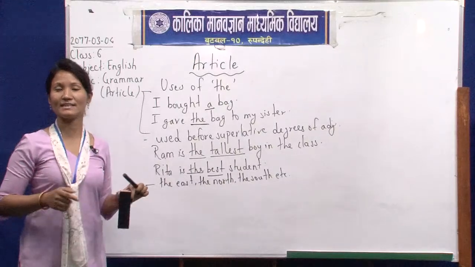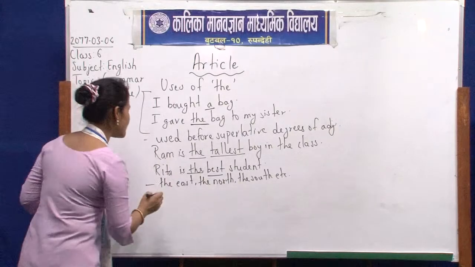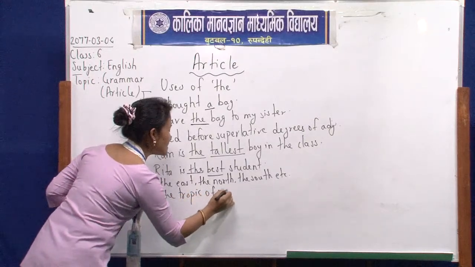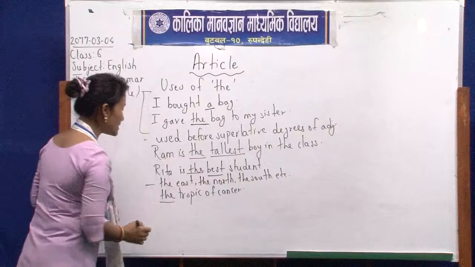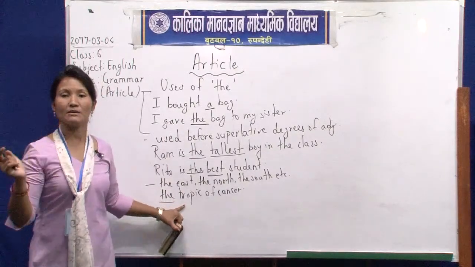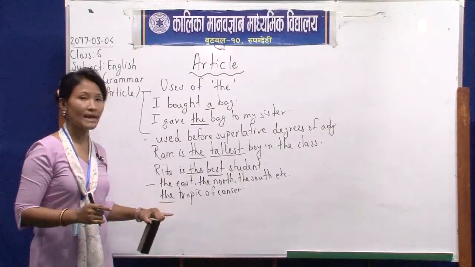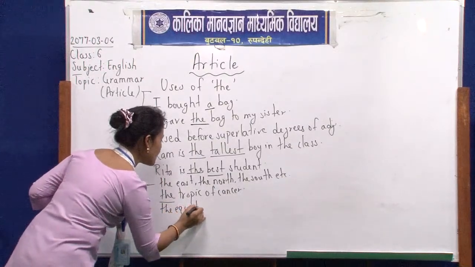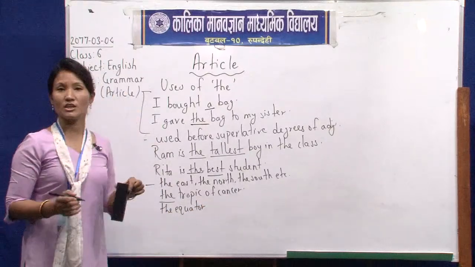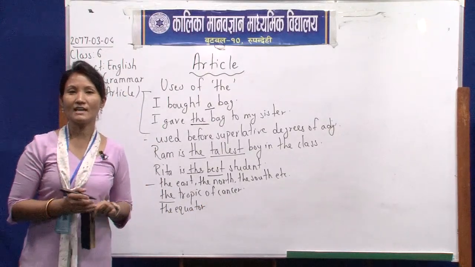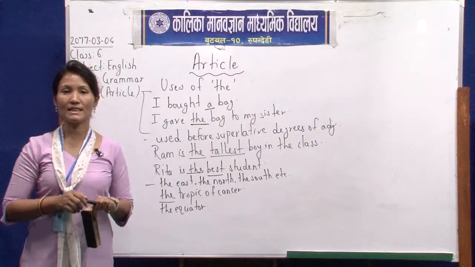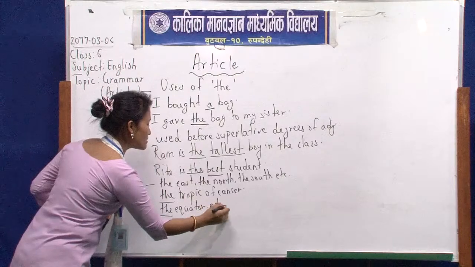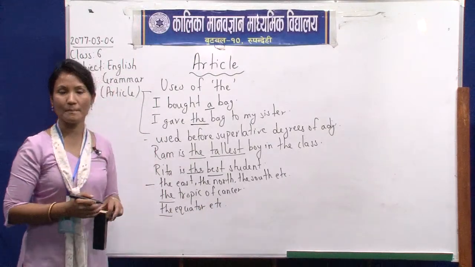You have read this in social studies, like the Tropic of Cancer. It is one of the imaginary lines, right? Likewise, the Equator, the Tropic of Capricorn. These are imaginary geographical lines on Earth, isn't it? They also take the article.